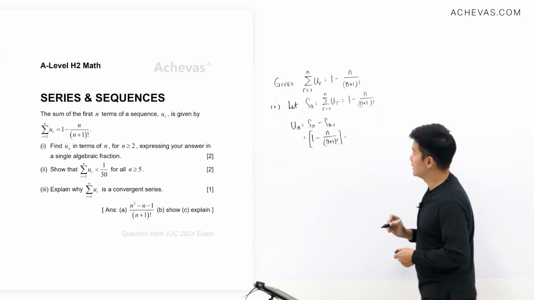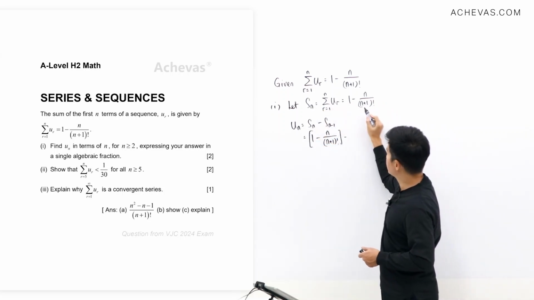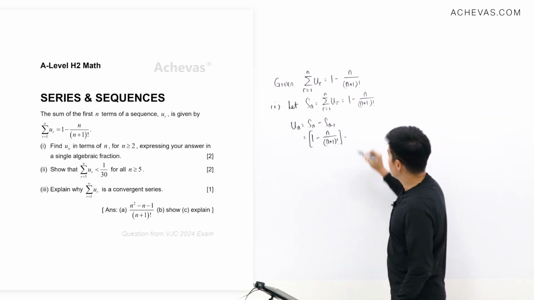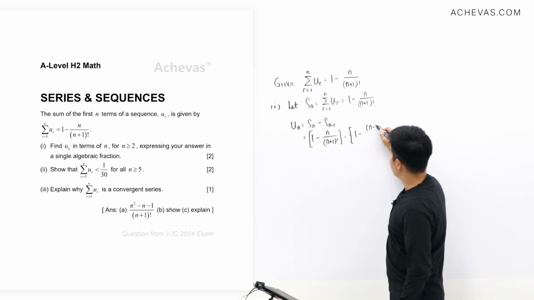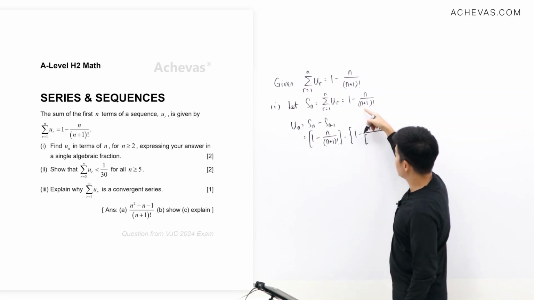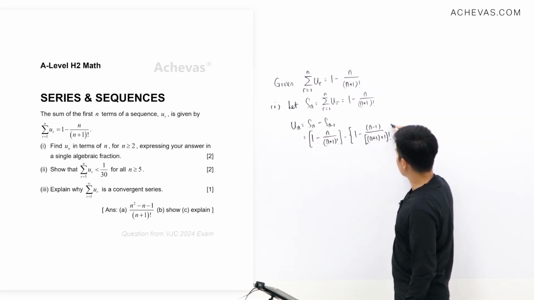Then S(n minus 1) will be replacing all these n's here by n minus 1. So it is going to be equal to 1 minus, replacing this n by n minus 1, then replacing this n here by n minus 1, then plus 1 factorial.